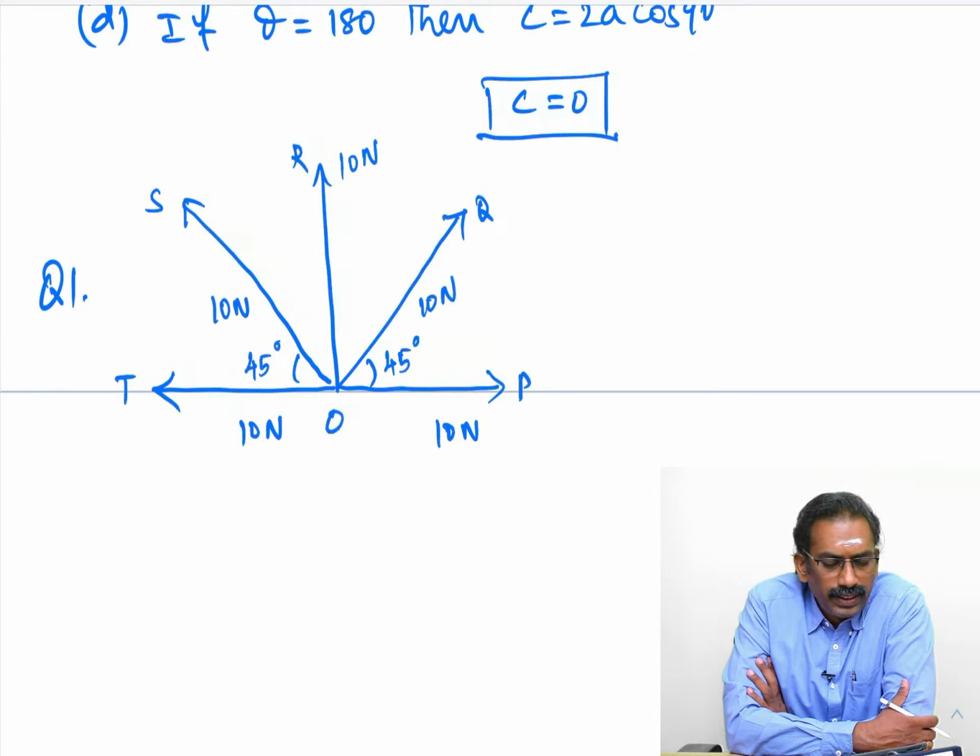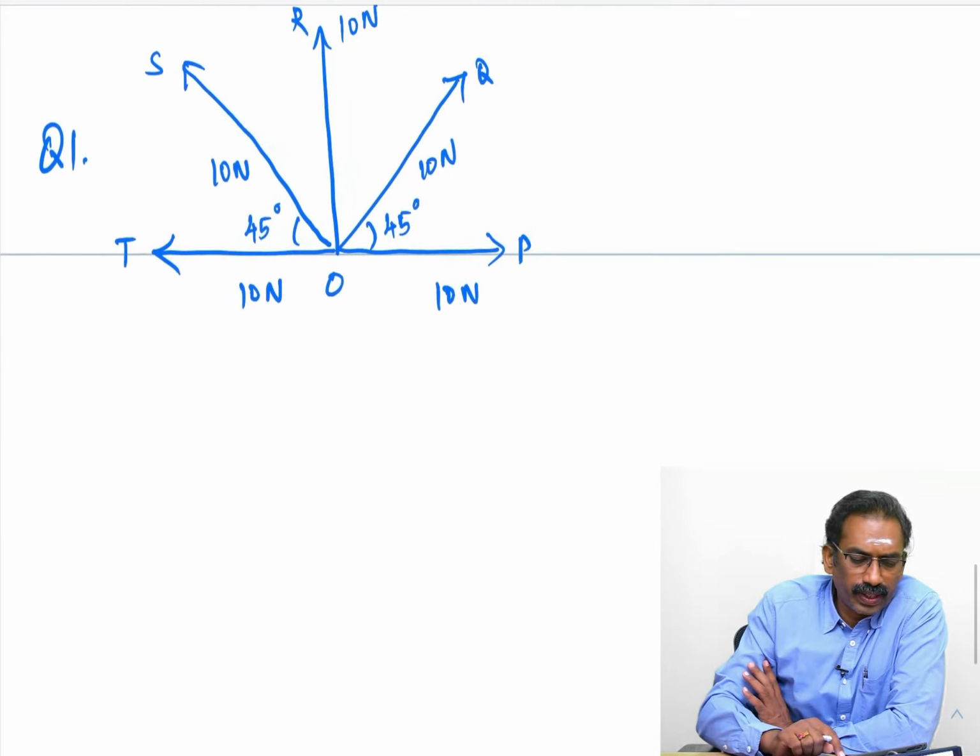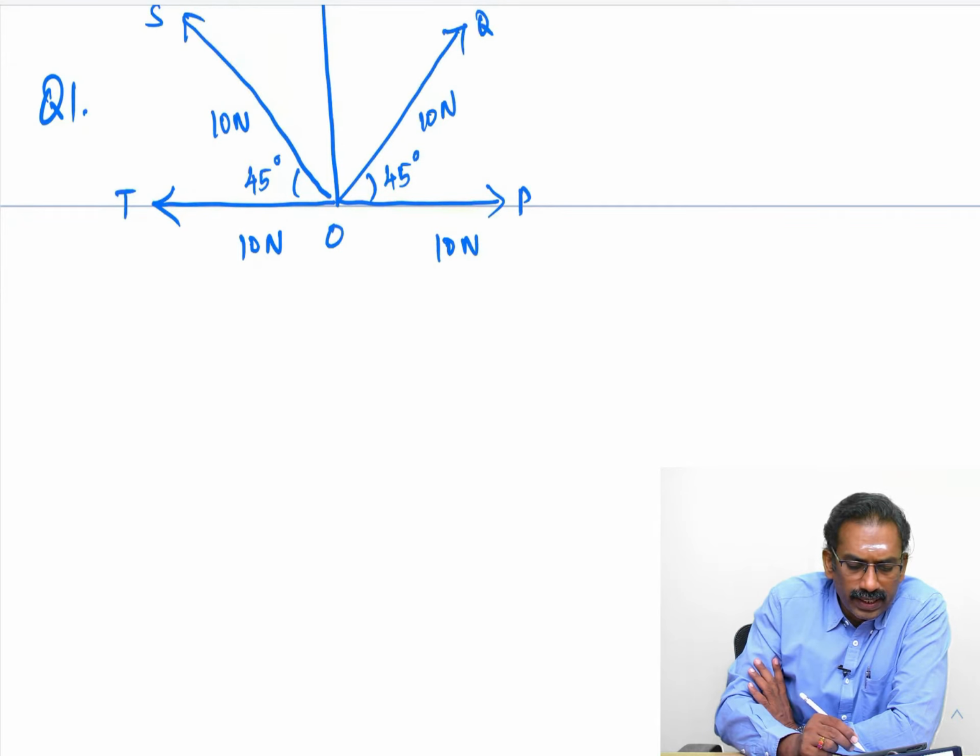Okay, this diagram can be simplified. First of all, let us take OT vector and OP vector. OT and OP are equal in magnitude, opposite in direction. Therefore, these two vectors cancel each other. So, this is the line of action of OT and OP.